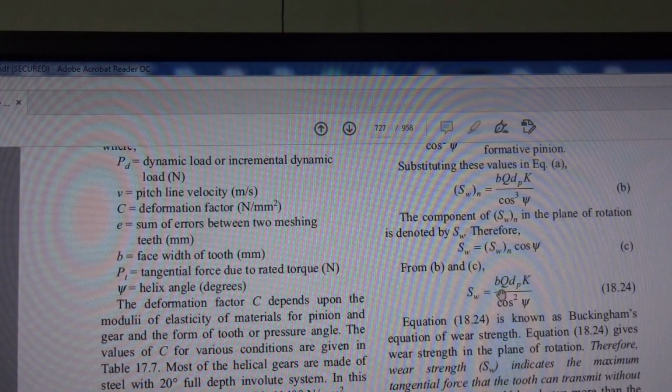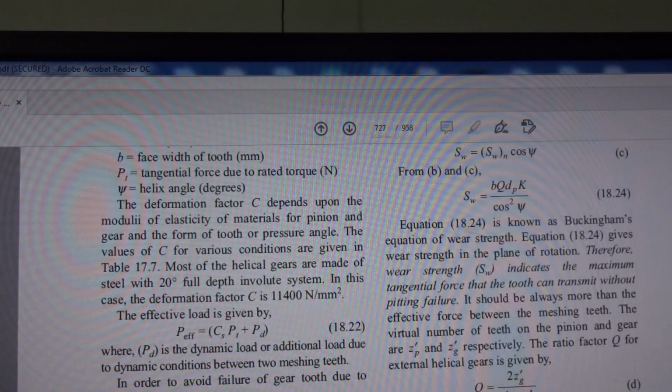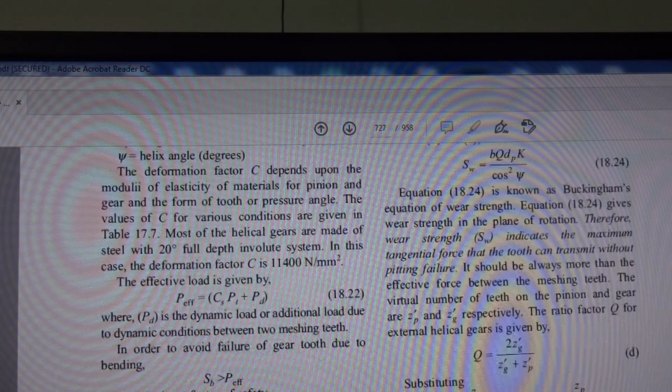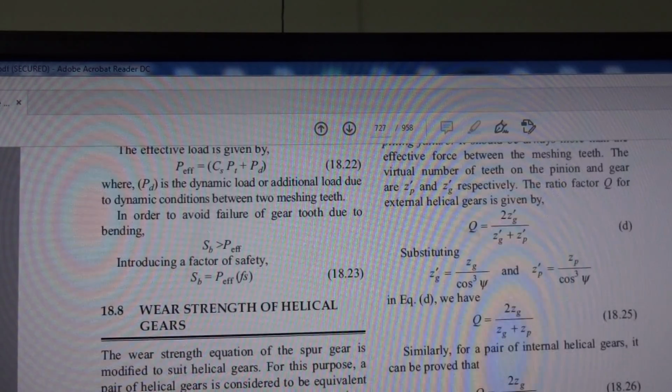Here Q is equal to 2 Z dash G upon Z dash G plus Z dash P, where Z dash G is Zg upon cos cube psi, and Z dash P is Zp upon cos cube psi. Q can also be written in this way.